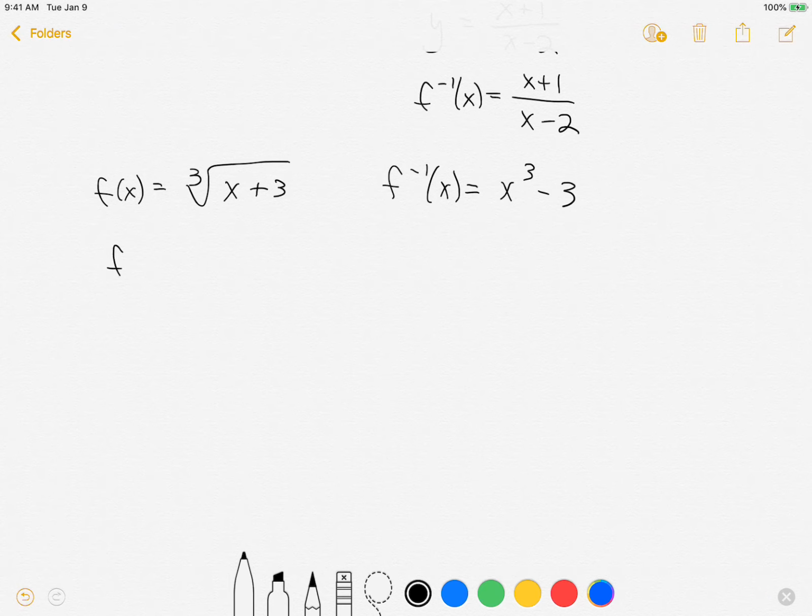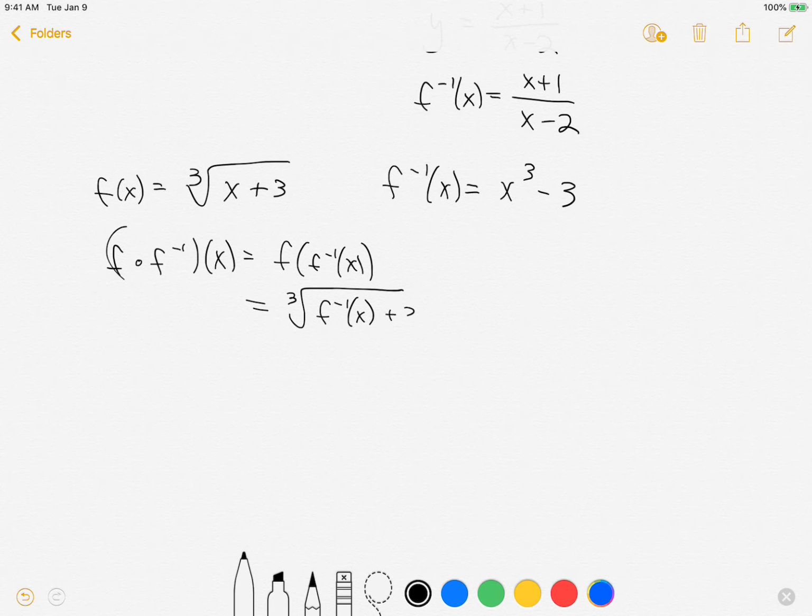If I do f composed with f inverse, that's going to be f of f inverse of x, which is going to be the cube root of f inverse of x plus 3. Plug that in, the cube root of x to the third minus 3 plus 3. The minus 3 and plus 3 cancel, and I end up with the cube root of x cubed, which is just x. It works the other way as well.